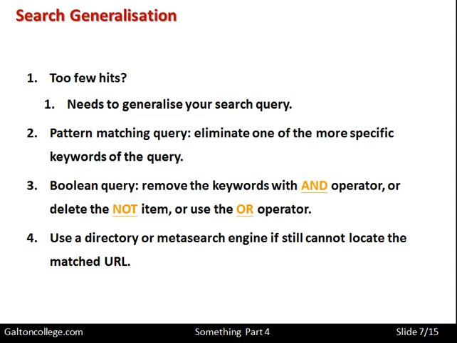It may be a good idea to use a meta search engine. Now the meta search engine is one we talked about in a previous class as well, a different part of the search engine class. A meta search engine is one which, if you like, aggregates other search engines.